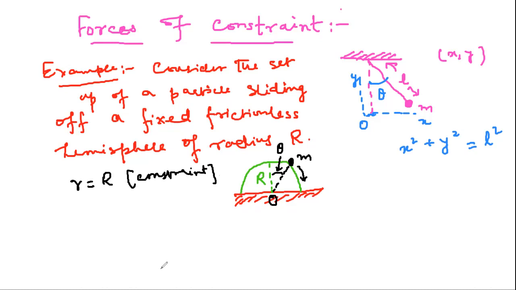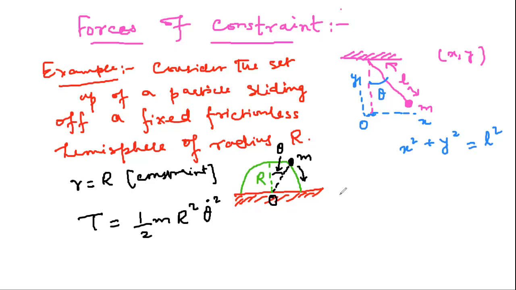So what is the kinetic energy of the particle? Let me write that. The kinetic energy of the particle as theta changes with time is simply half m r square theta dot square. Understand it? Small r is capital R, where r is the distance of the particle from O, m is its mass.